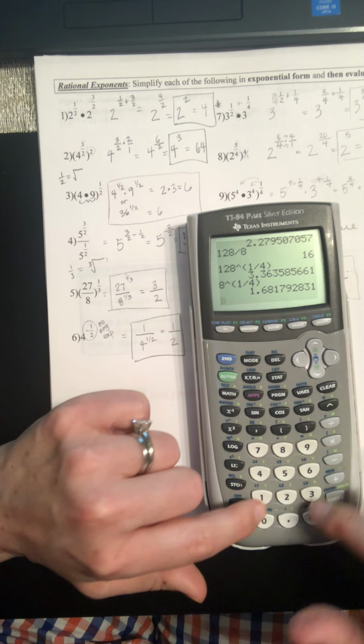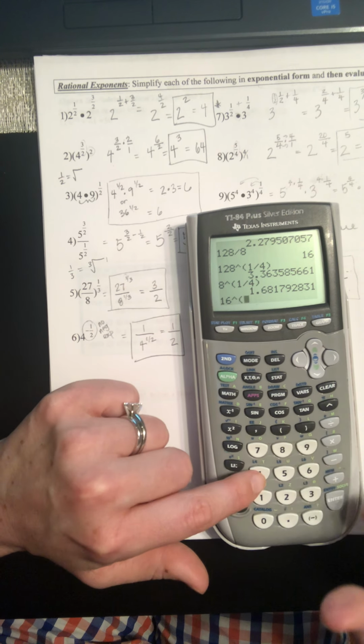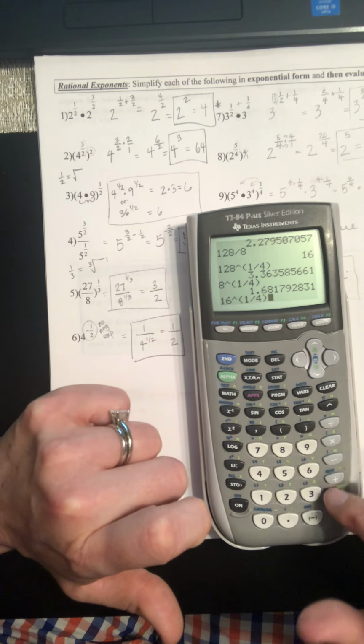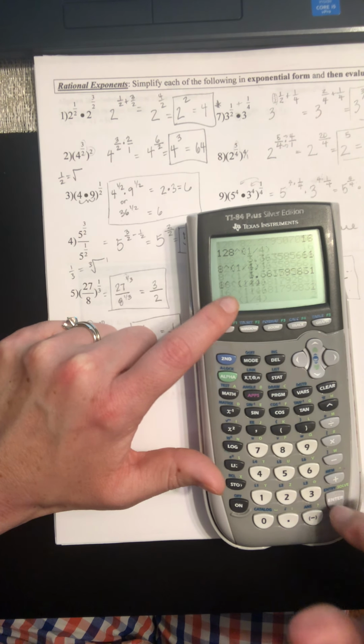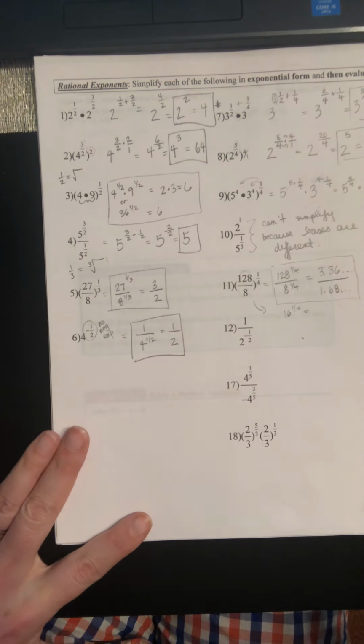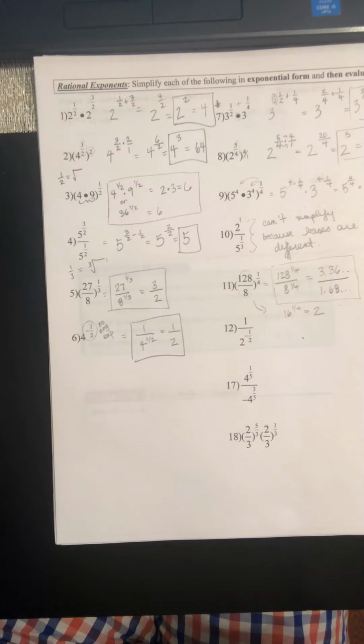Oop, I need parentheses, right? If you have an older calculator, anytime you use a fractional exponent, it needs to be in parentheses, and that gives me a 2, okay?